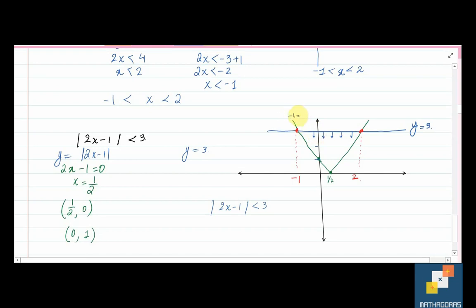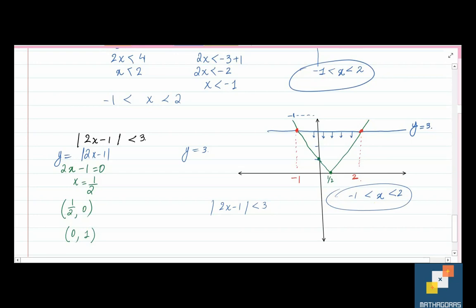I need to go further forward, right? Because its value lies beyond the line when we go in this direction. Similarly, above the line in this direction and below the line in this direction. So the solution set of x should be greater than minus 1 and less than 2. The same answer we have calculated from the equation and the graph, they are the same, right?